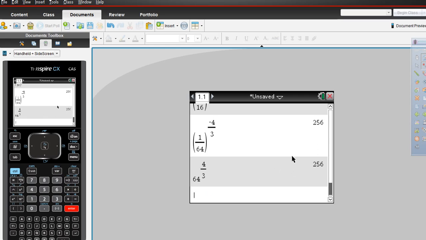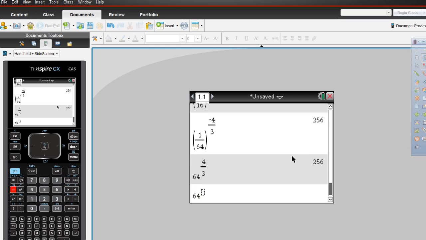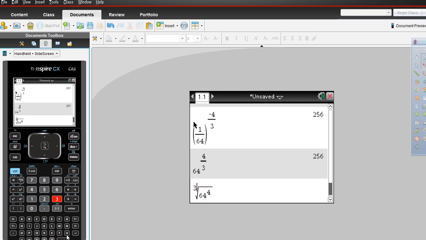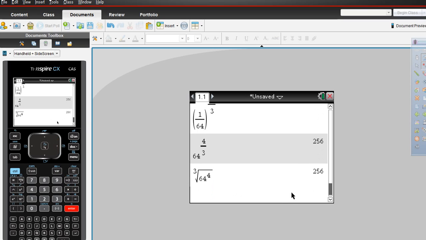This is the same thing as saying 64 to the 4th power, and then take the nth root of that. So let's try doing that and take the 3rd root of that. That's the same thing. It's all the same here. We still get 256.